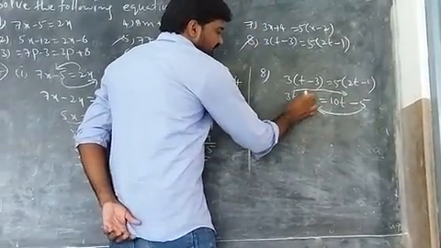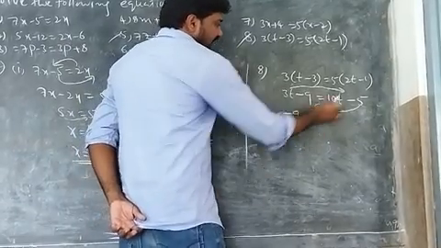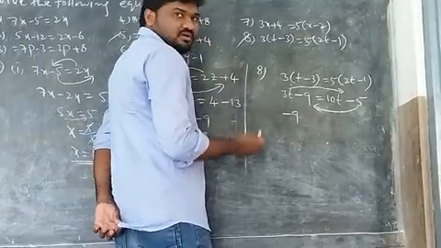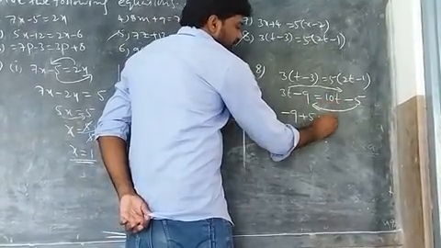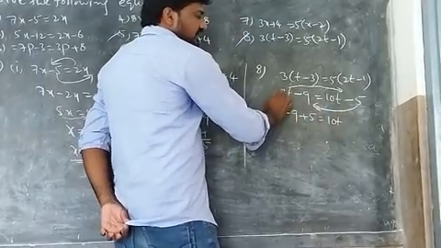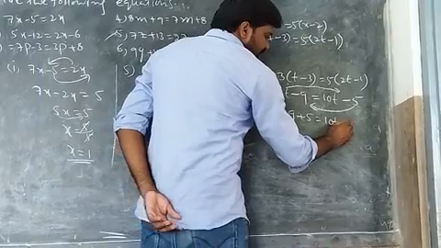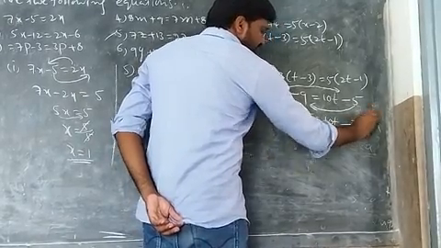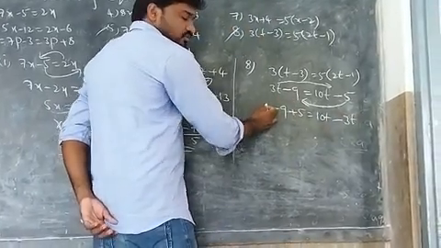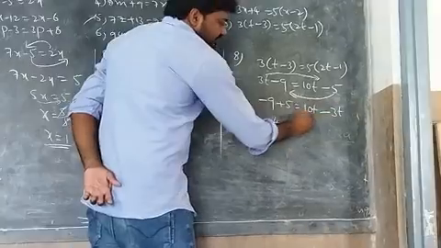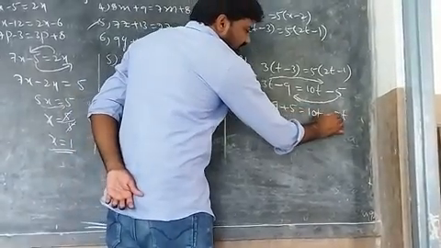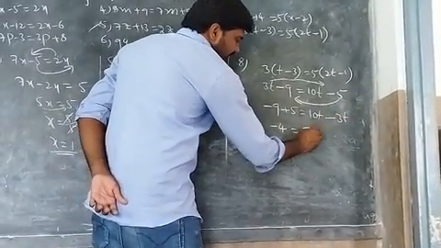What remains here is minus 9, and the 5 is translated to the left side as plus 5. 3t translated to the right side is minus 3t. So minus 9 plus 5 is minus 4, and 10t minus 3t is 7t.